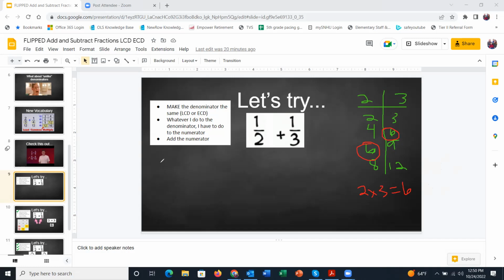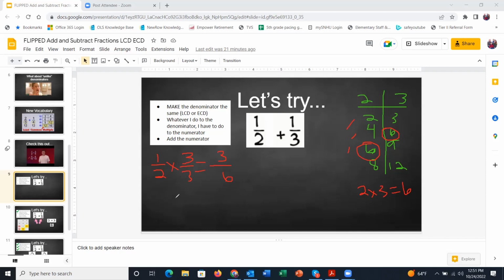All right, so then if we finish this problem off, we're going to have 1/2 times a fraction equals a fraction with a 6. All right, well, we know that 2 times 3, as we see right over here, comes out to 6. So we got to do the same thing to the top. 1 times 3 equals 3.